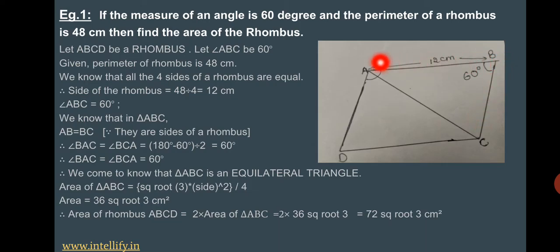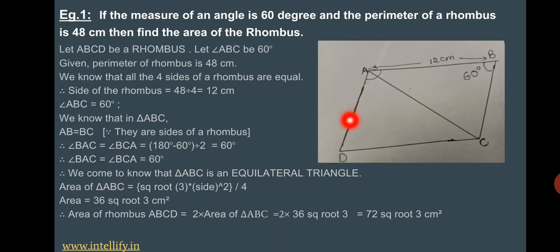So we can very easily know that this is an equilateral triangle. We know very well that the area of any equilateral triangle is root 3 side square divided by 4, through which we can find that the area of ABC is 36 root 3 centimeter square.